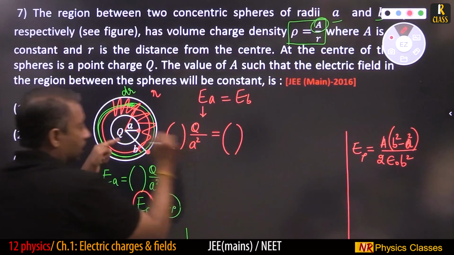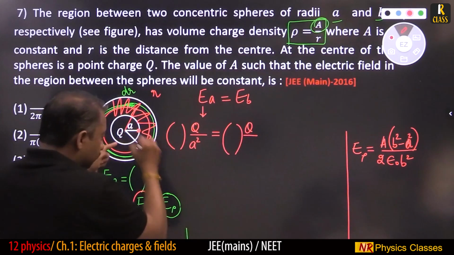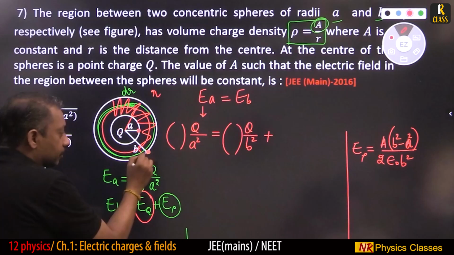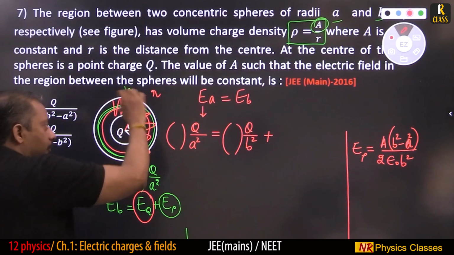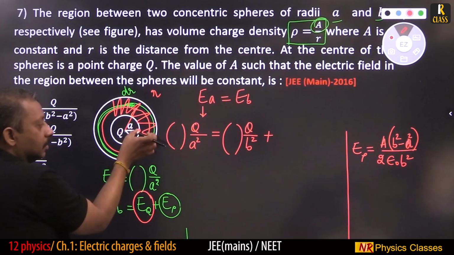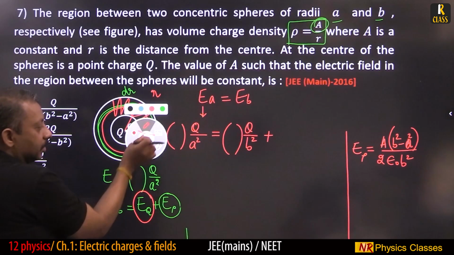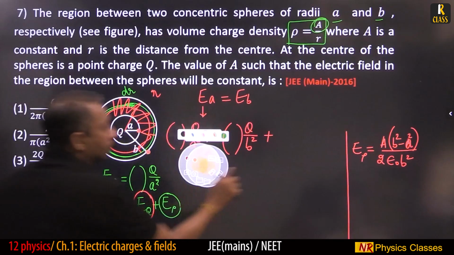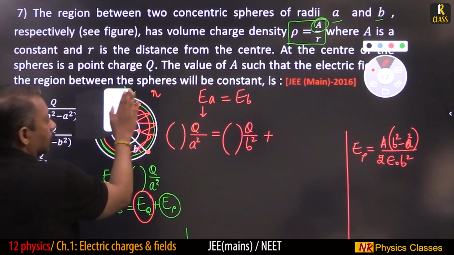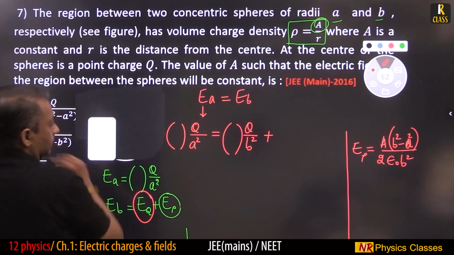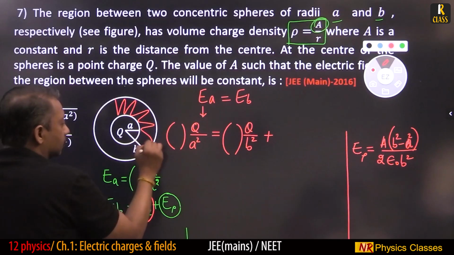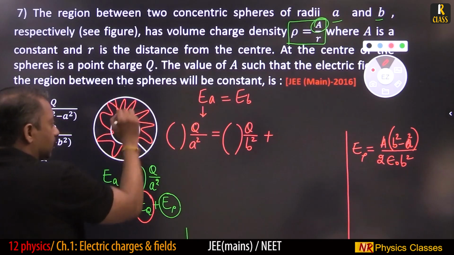But electric field at B is because of Q, this term: constant times charge Q by distance B square, plus at that point the electric field because of this shell of this entire thickness, that is, because of the charge density.